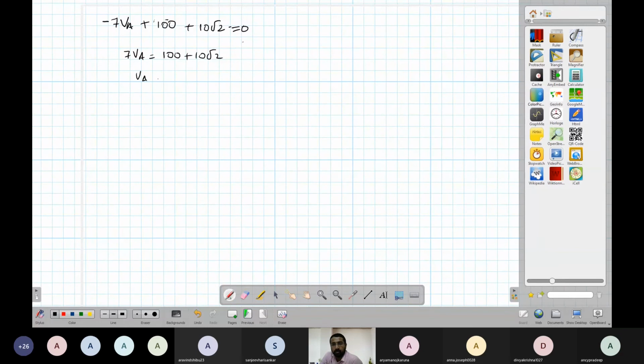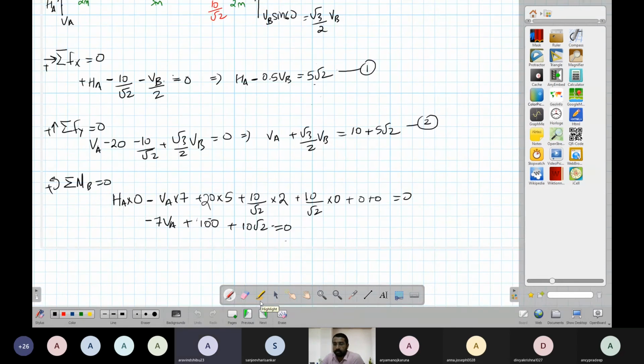So VA equal to 100 plus 10 root 2 by 7. Just calculate this value of VA.